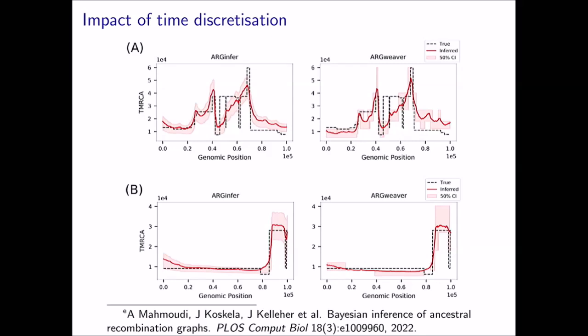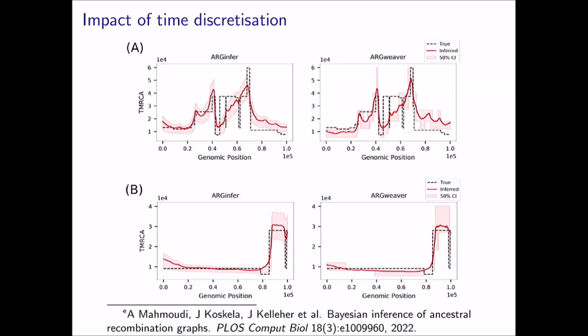We've run the same analysis on both ARGinfer, our method, and ARGWeaver, the competitor. Both of them do arguably reasonable jobs. The thing that I want to focus on especially is the confidence intervals, these pale red intervals around the posterior mean estimate, and how jagged they are in ARGWeaver.